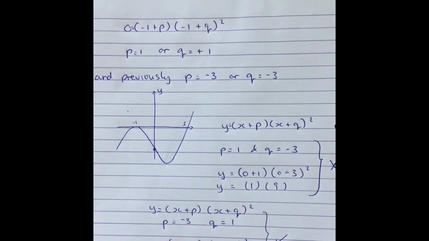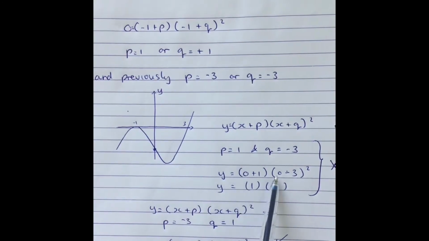So what we're going to do is look at the curve, and we can see that when x is 0, the y value has to be a negative number. So I'll try out the combination when p is 1 and q is minus 3. I read out the equation, and I know that y has to be a negative answer when x is 0.